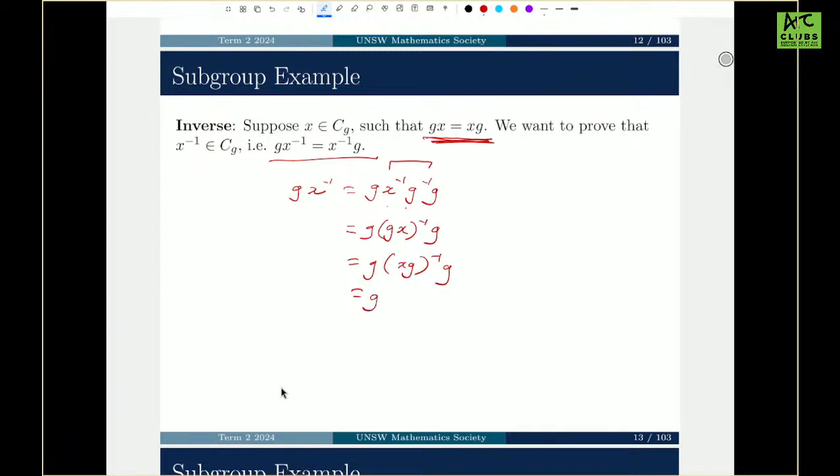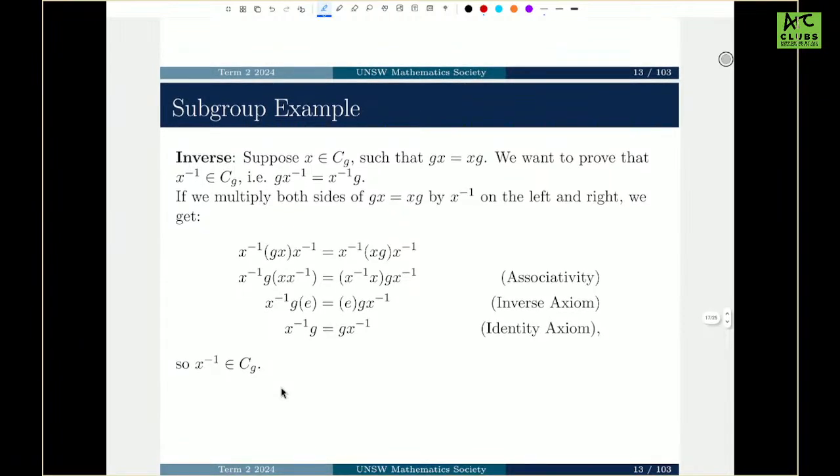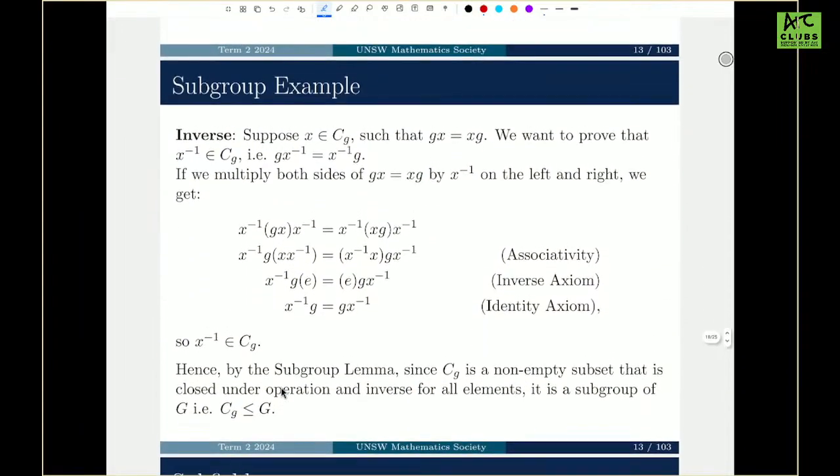So we expand g inverse, x inverse, g, and the g inverse at the start vanishes and becomes the identity. Okay, so we have shown what we want. Same thing here. Okay, so by the subgroup lemma, since we've shown that C(g) is non-empty and is closed under the operation and inverse for all elements, it is always going to be a subgroup of G.